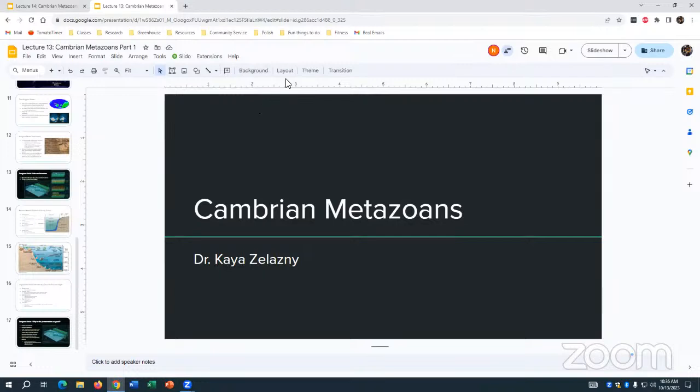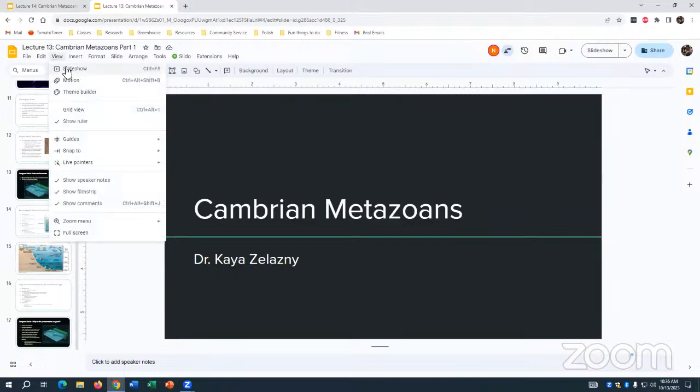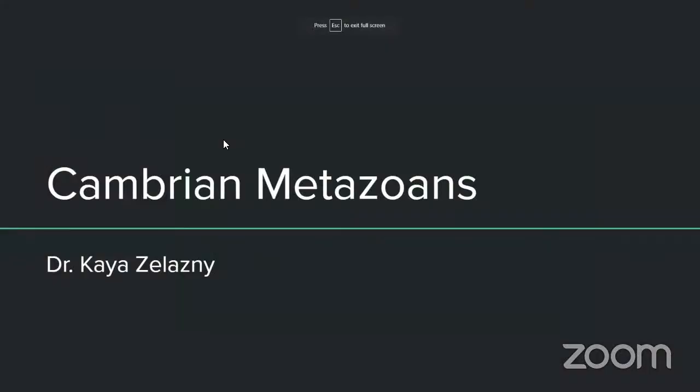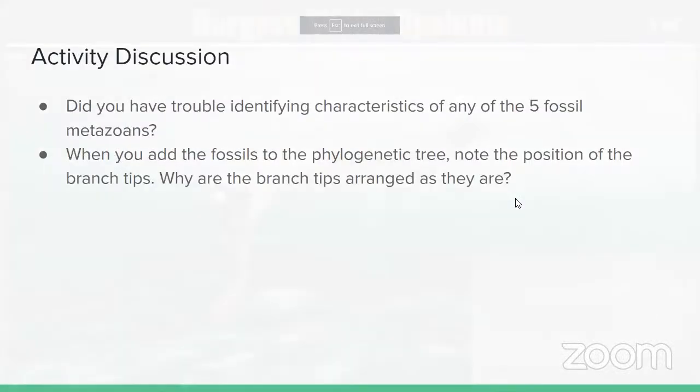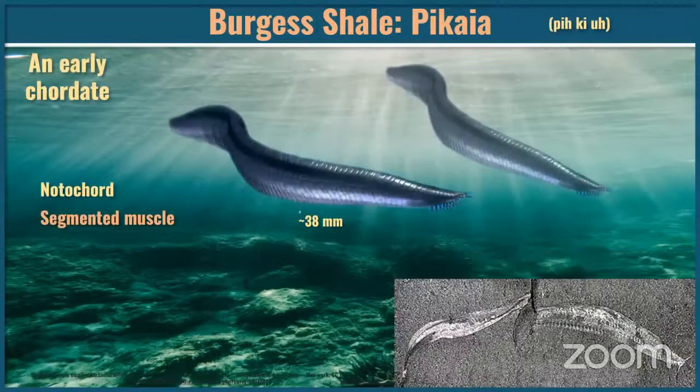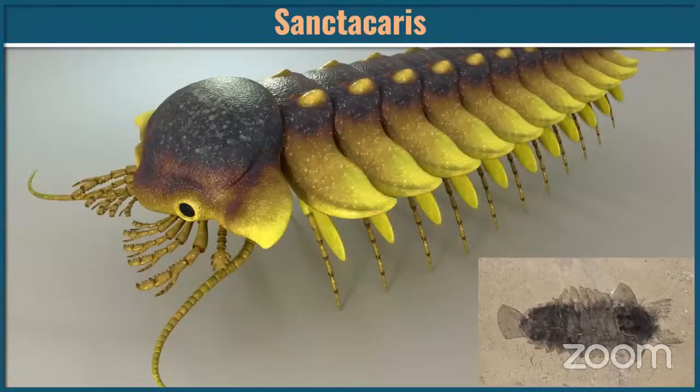Yeah, exactly. Okay, cool. So we are ready to go for today. So last time when we were talking, we had finished up by talking through a bunch of our different Cambrian fauna, looked at some examples.